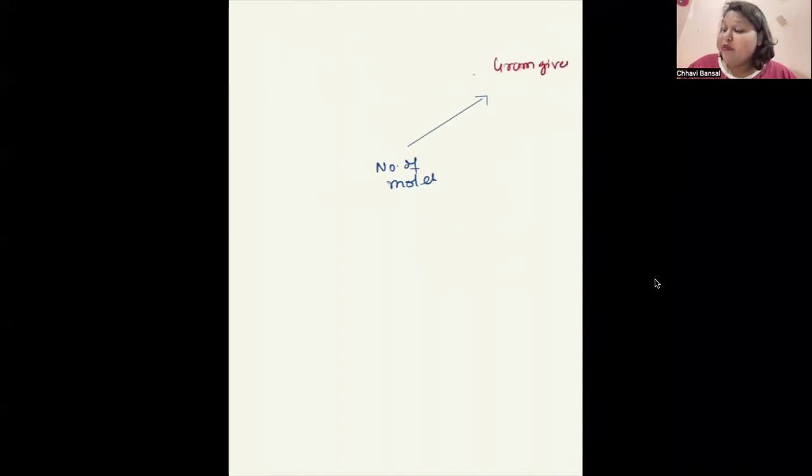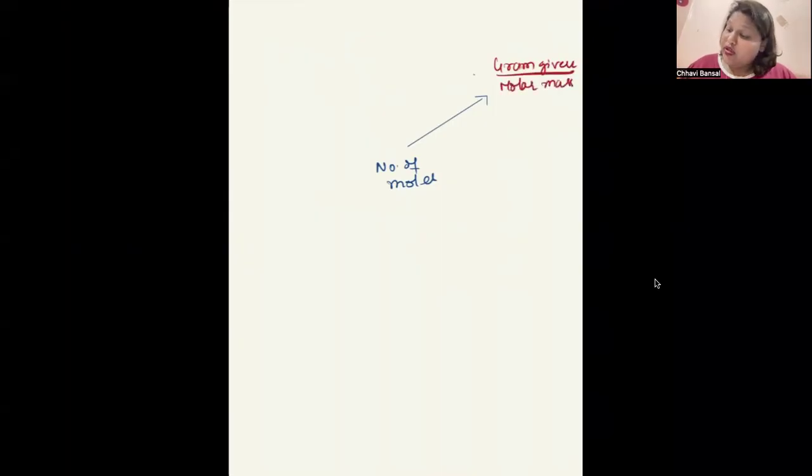Now there are three components. If I have to write this formula again, let me write down at the center number of moles. One is gram given by molar mass.